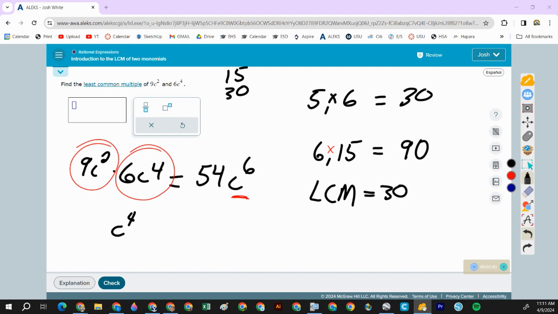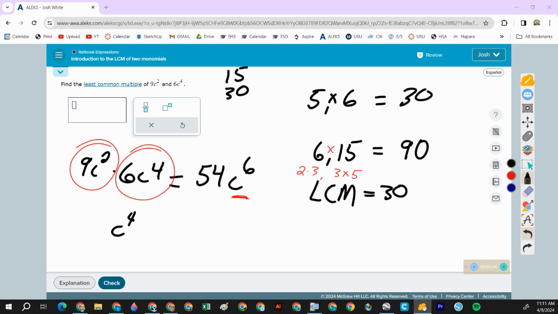How are we going to figure that out without just adding 15's together? Well, let's look at the makeup of 6 and 15. 6 is a 2 times a 3, and 15 is a 3 times a 5. Okay?